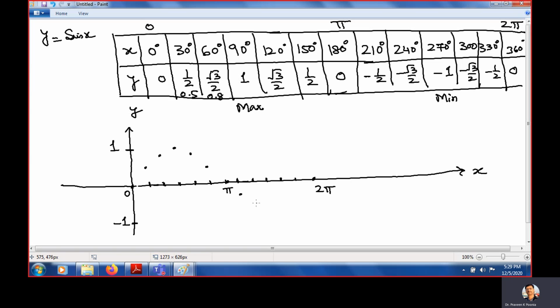Then 1 by 2, then minus 0.8, then minus 1, then minus 0.8, then minus 1 by 2, and then this is 0. So if you match these points, it will be like this one.